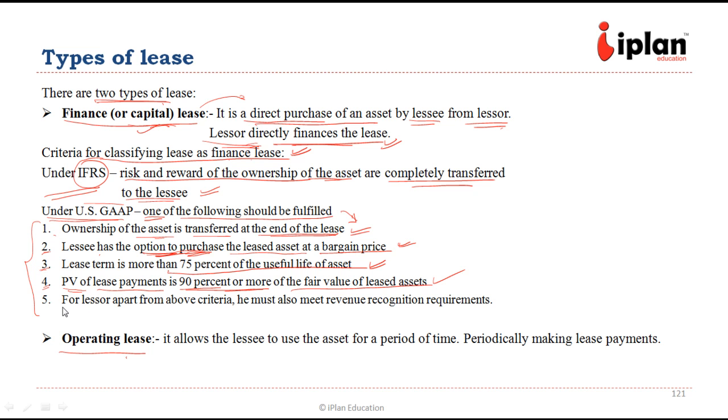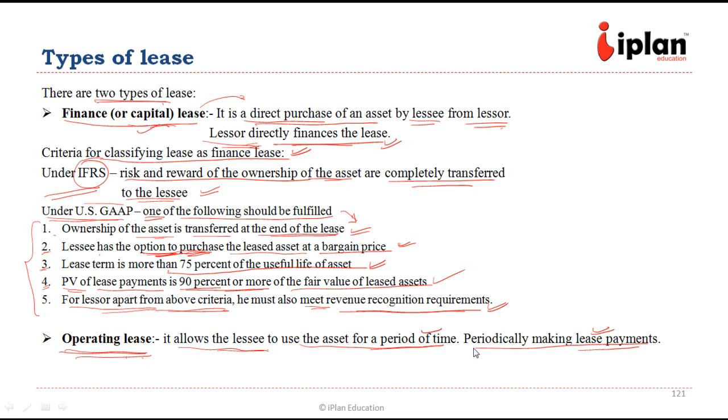And finally, for the lessor, apart from the above criteria, he should also meet the revenue recognition requirement. If that is done, then also it can be classified as finance lease. If you look at operating lease, it allows the lessee to use the asset for a period of time, and in exchange it will pay periodically.